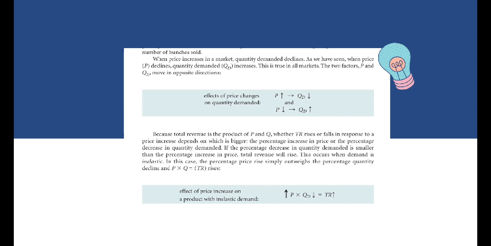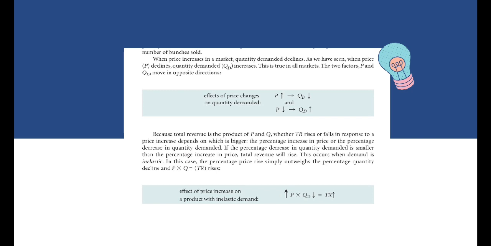Because total revenue is the product of P and Q, whether TR rises or falls in response to a price increase depends on which is bigger, the percentage increase in price or the percentage decrease in quantity demanded. If the percentage decrease in quantity demanded is smaller than the percentage increase in price, total revenue will rise.